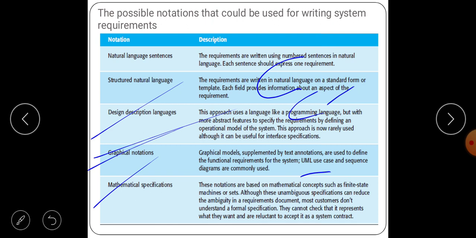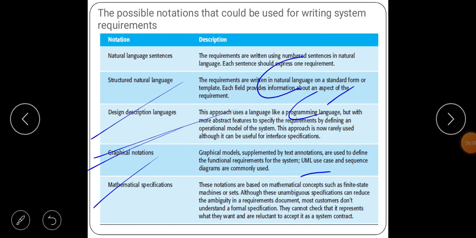Although this unambiguous specification can reduce the ambiguity in a requirements document, most customers do not understand the formal specification. Okay, they cannot check that it represents what they want and are ready to accept it as a system contract.